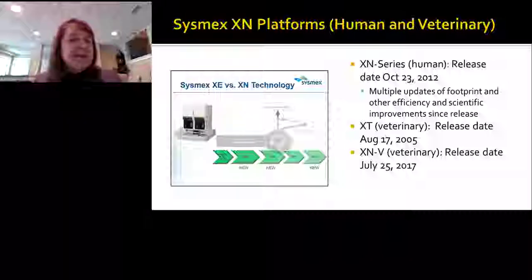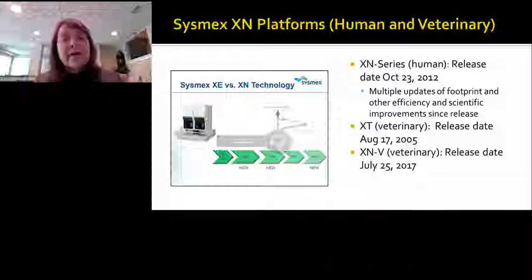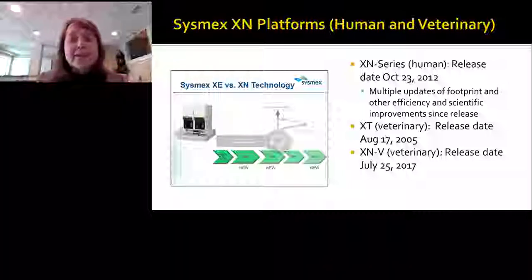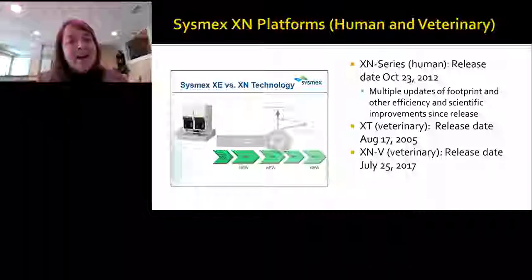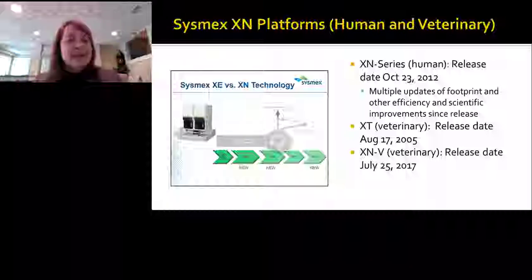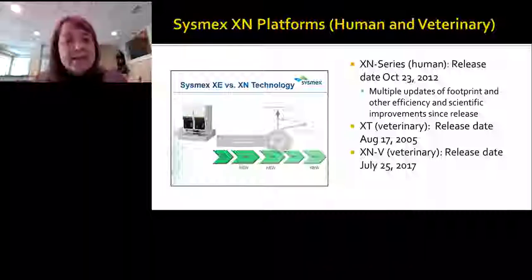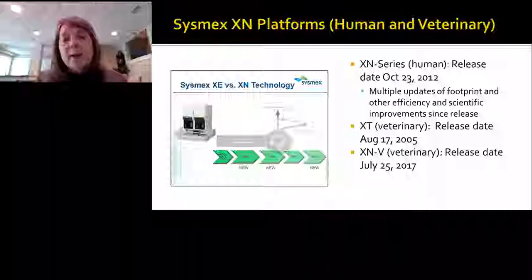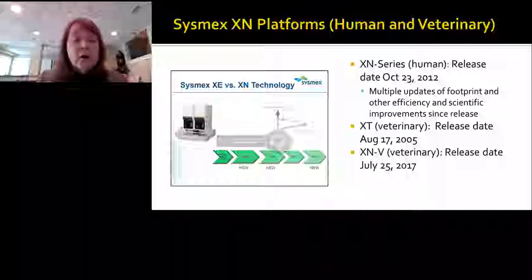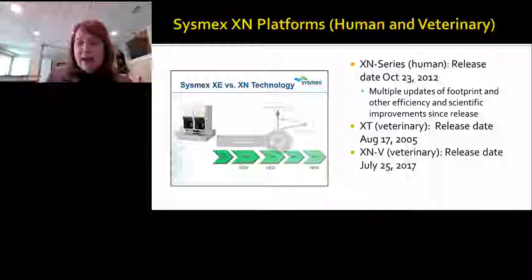Therefore, in this presentation I've included a couple of human applications, which we call multi-species, and they're very relevant since the XN-V is a new release. Using some of the human applications will show you what you might expect to see in an animal population.